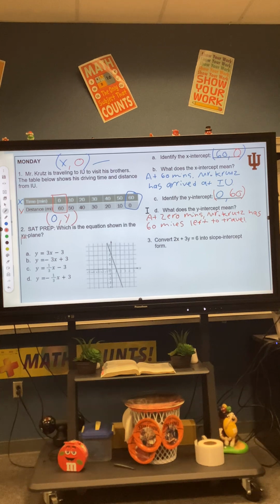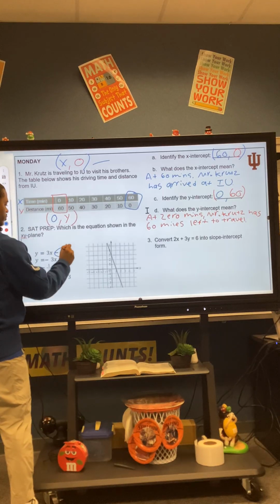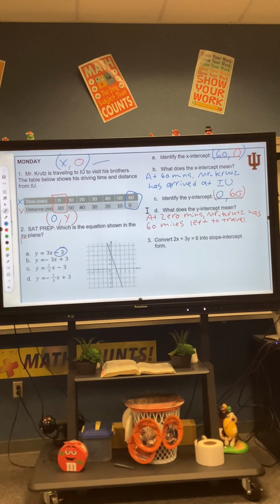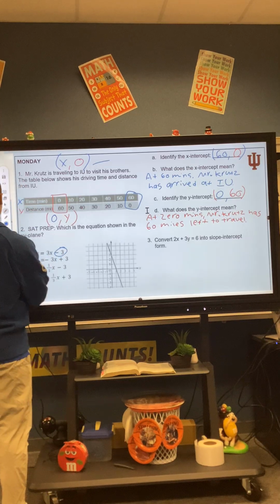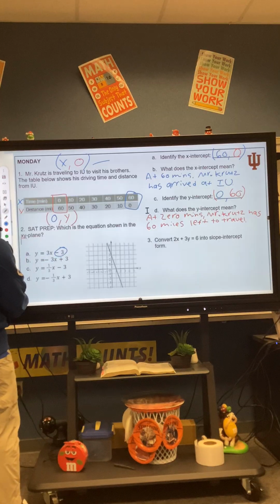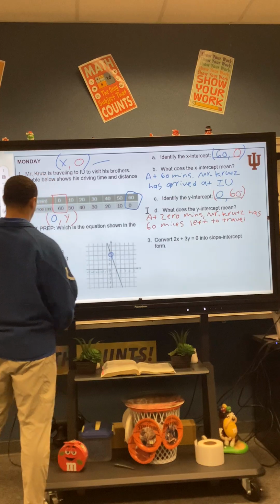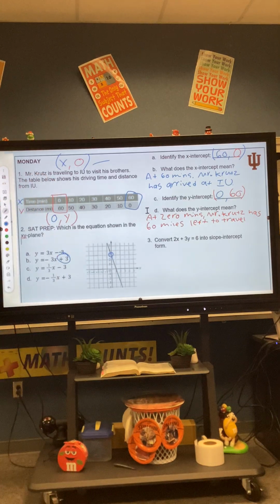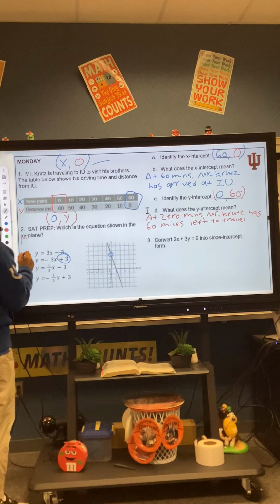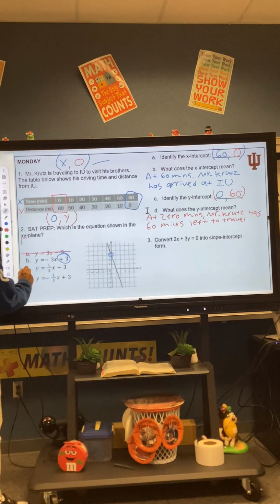Number 2, remember in our slope-intercept form, B represents our Y-intercept, which means I'm going to look here and find a point that crosses my Y, which is right there. That's a +3. That means I can eliminate off the bat A and C. It's going down, both of these are negative, so they're both still in the running.